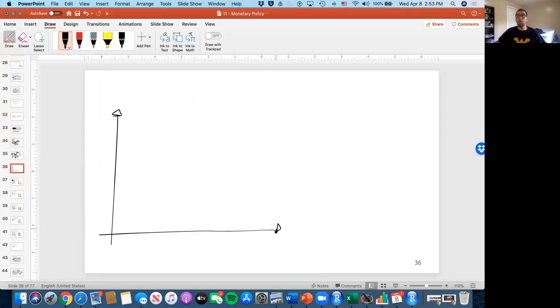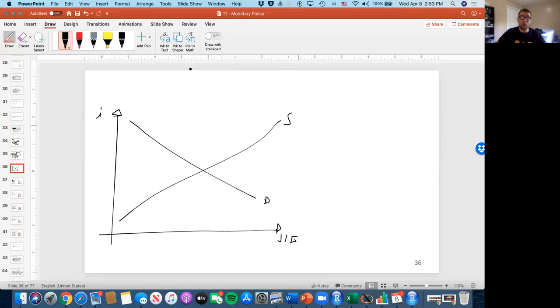Let's do our loanable funds first. So we have interest rate, saves and investment. We have people who demand money and who supply money to the bank. So borrowers and savers, okay?